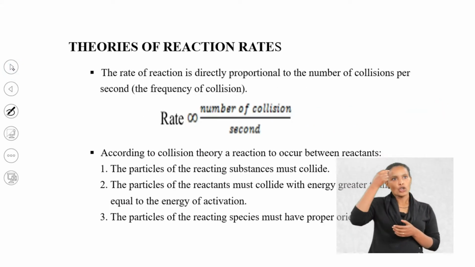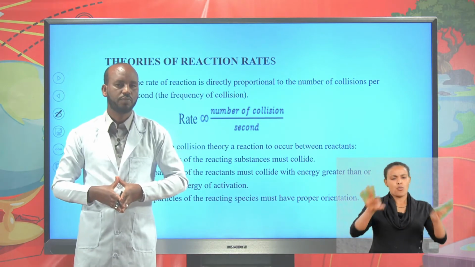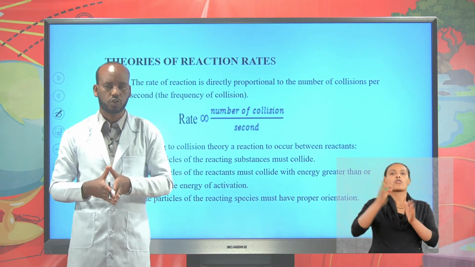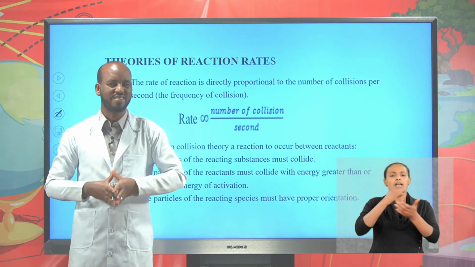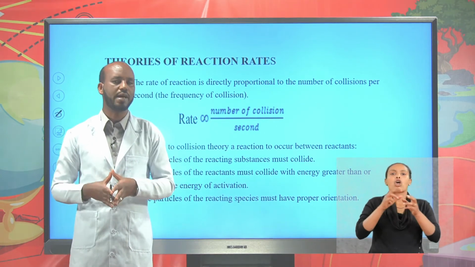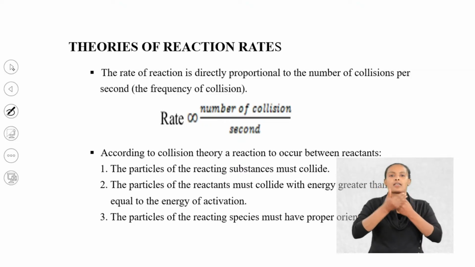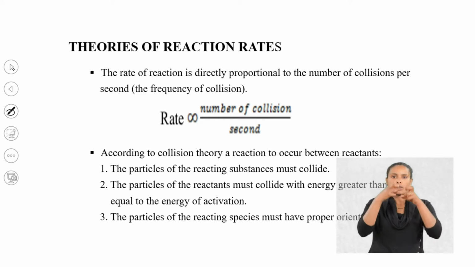Theories of reaction rates. The two important theories of reaction rates which help us to understand rate of the reaction are collision theory and transition state theory. Now, the rate of reaction is directly proportional to the number of collisions per second or the frequency of collision.